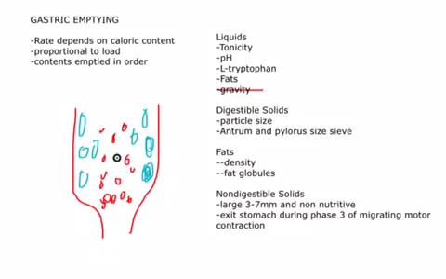I've shown that the smaller particles here in red are mostly at the widest aperture of the pyloric sphincter. And then the larger particles move toward the walls and the sides until we have more crushing and retropulsion until these get as small as these.